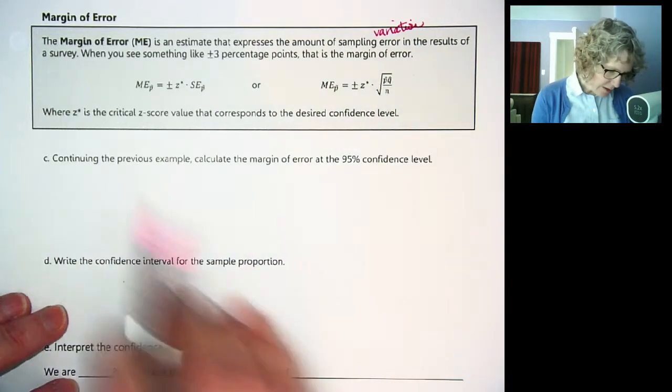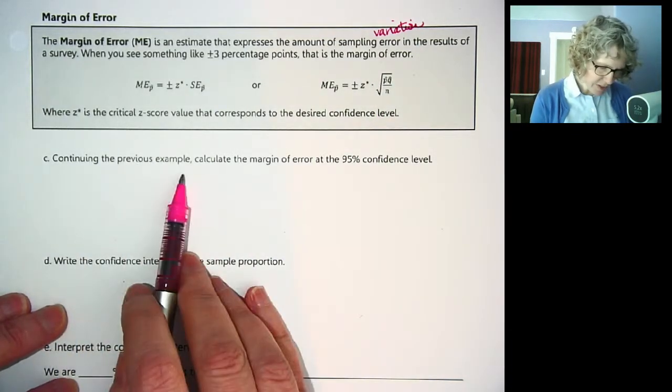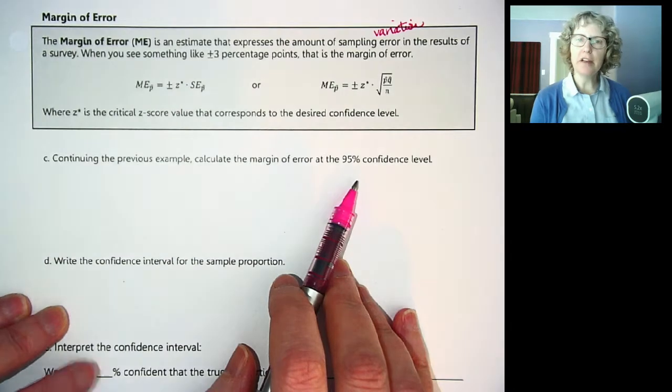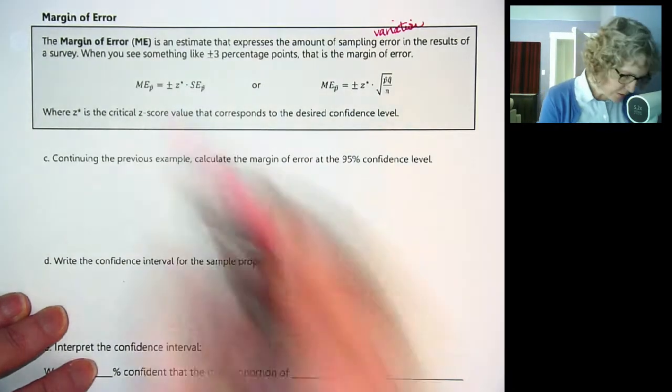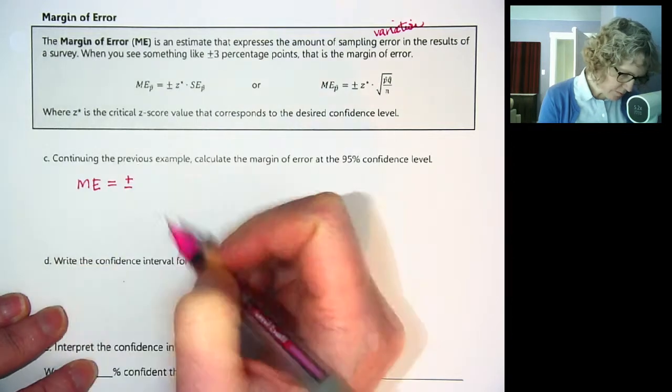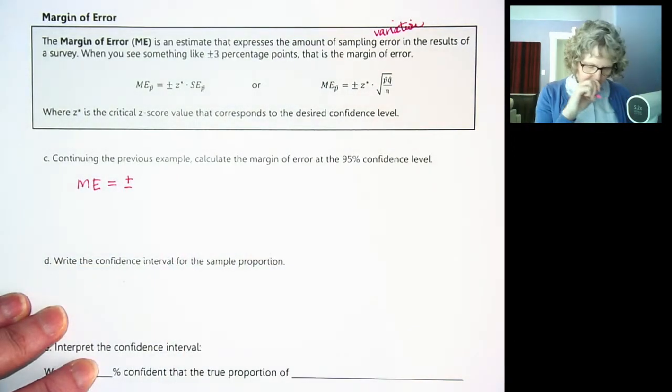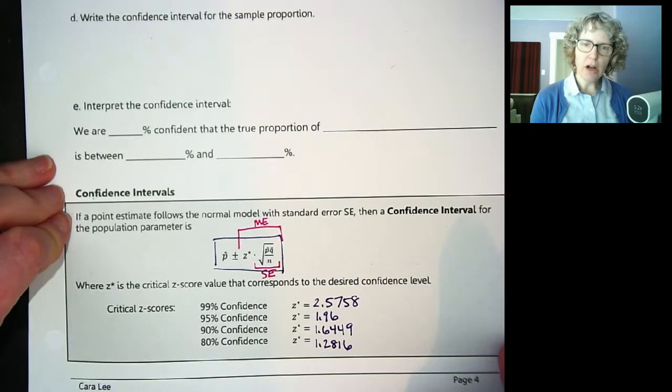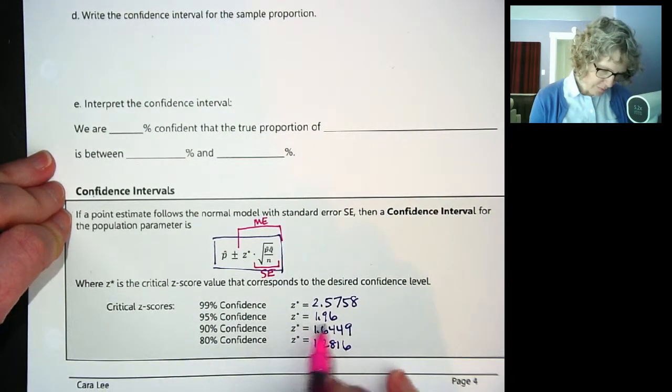Okay, so continuing the previous example, calculate the margin of error at the 95% confidence level. So let's do our margin of error. That is going to be plus or minus. We need our Z star, which I wrote in this box. For 95% confidence it is 1.96.